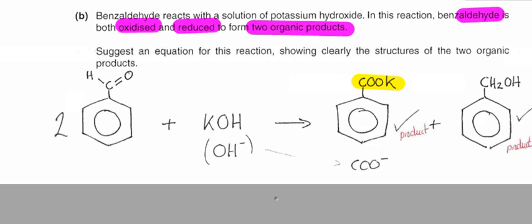You would still have got the mark in this question if you had put an H there and just made your carboxylic acid. So you would still have got the mark if you had done that. But the COOK is correct. I'll come to talk about that in a second. Secondly, here, an aldehyde reduced, and you have an alcohol. So those 2 products, 1 mark for each of those products.